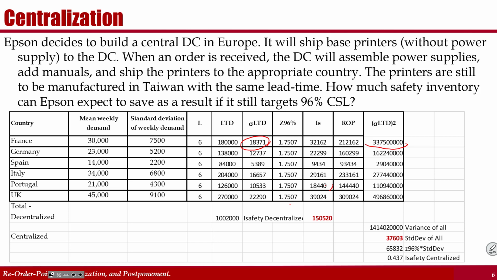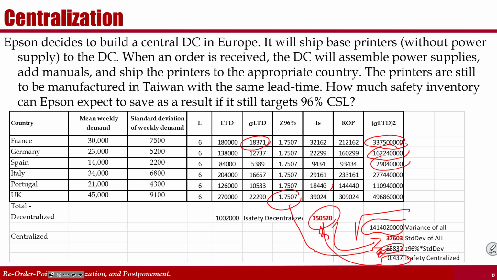We square it and get this number, which is variance. Then we add all variances together, and then we put it under the square root to get standard deviation. Then we multiply it by Z of 96%, and we get this, 65,000 compared to 150,000. This one is 43% of this one.